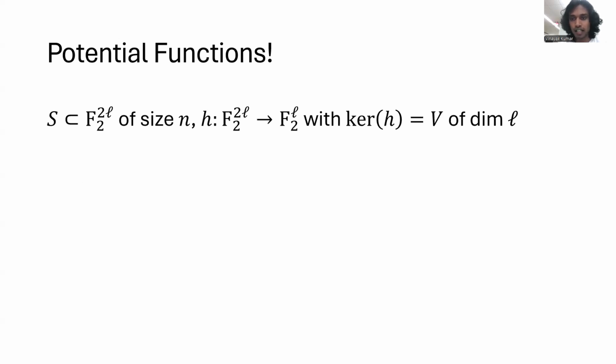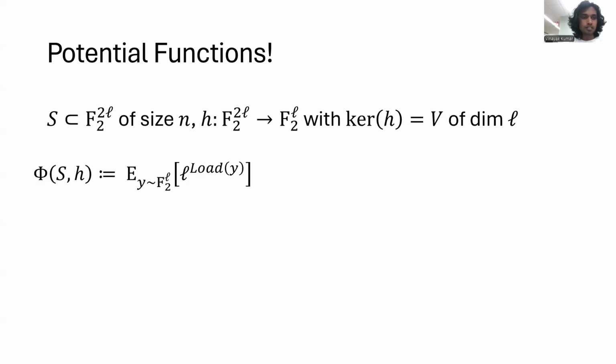We're going to construct an h with a kernel of dimension L, that is, of dimension 2L minus L, which is L. And so we define the potential function of S with respect to h to be the average of the exponentials of the loads. Here, the exponent is not 2, it's log n.